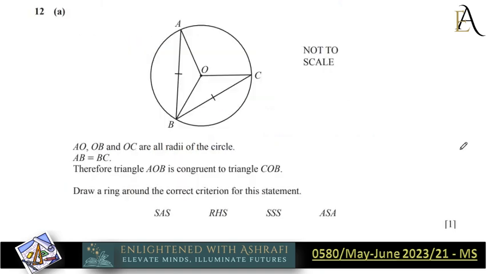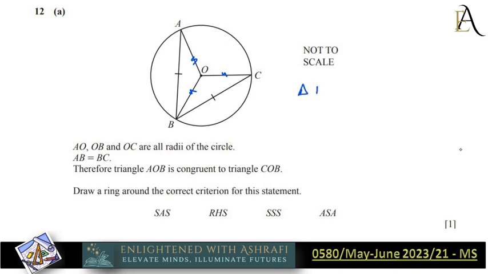Question number 12a. There is a circle with AO, OB and OC all radii of the circle. That means this is equal to this is equal to this. AB is equal to BC. Therefore, triangles ABO and BOC are congruent triangles. So draw a circle around the correct criterion for this statement.